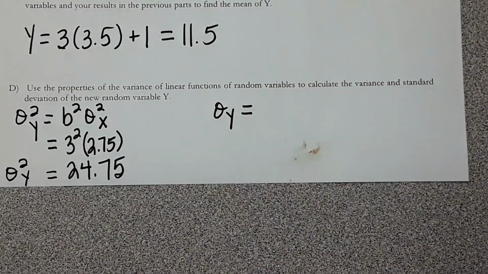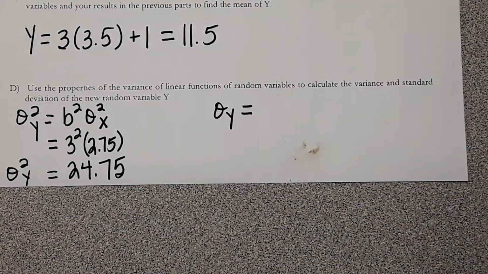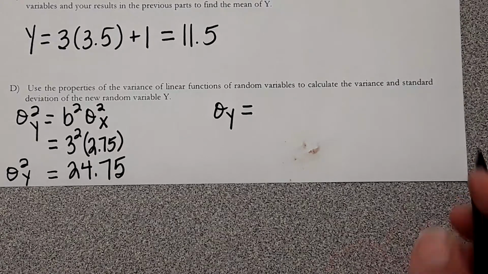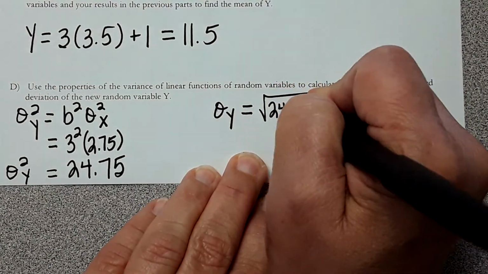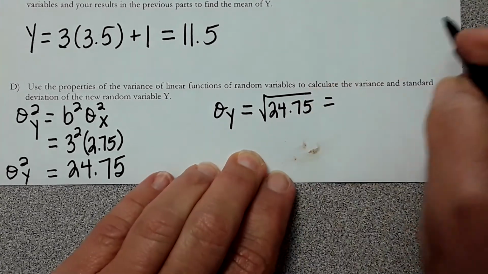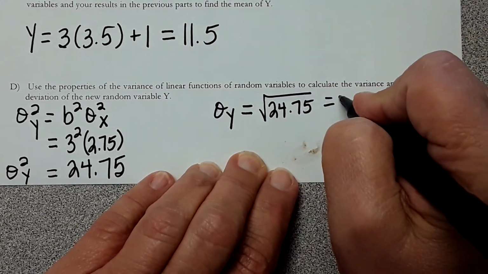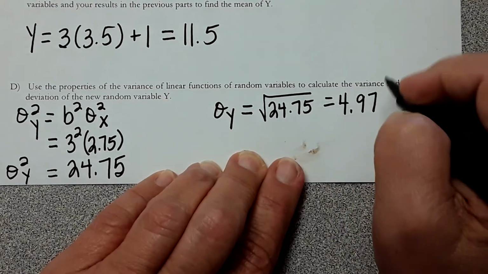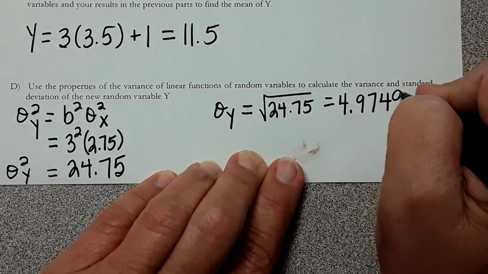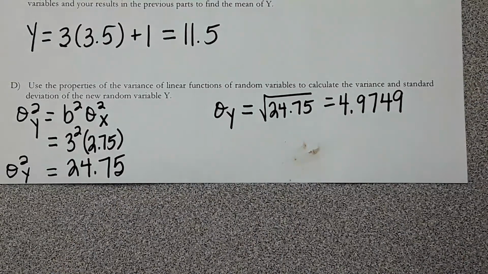So how do you find the standard deviation? Take the square root of what? Yep, take the square root of 24.75, and what do we get? 4.9749. Perfect.